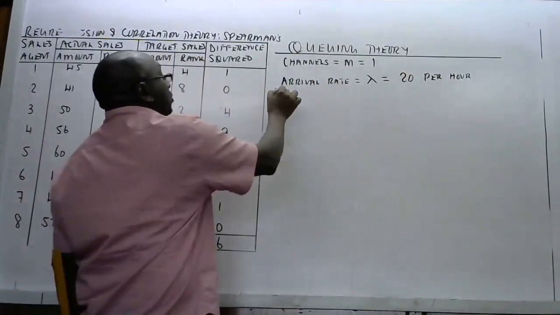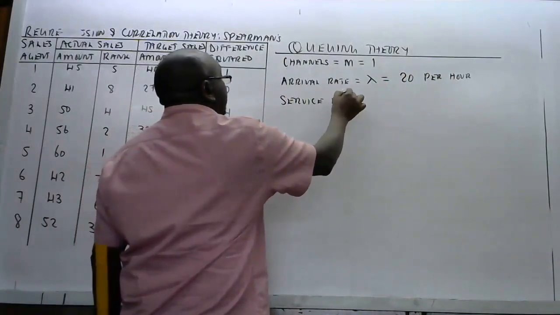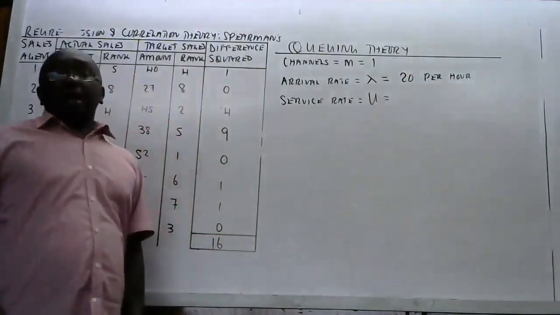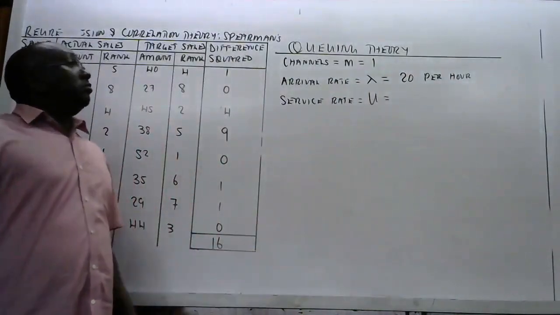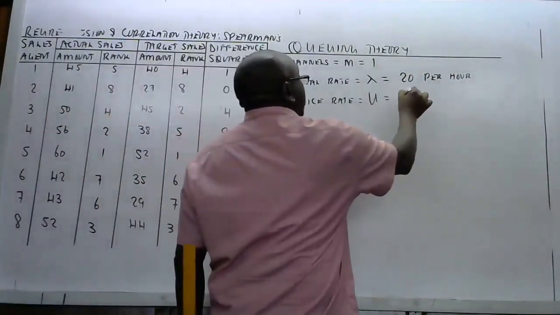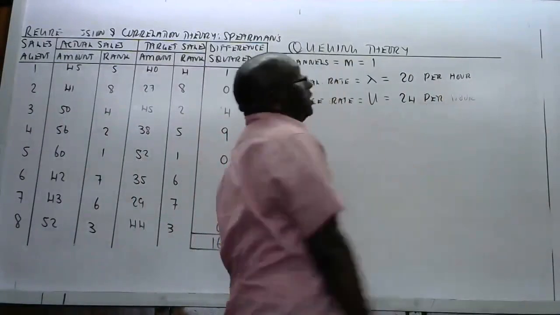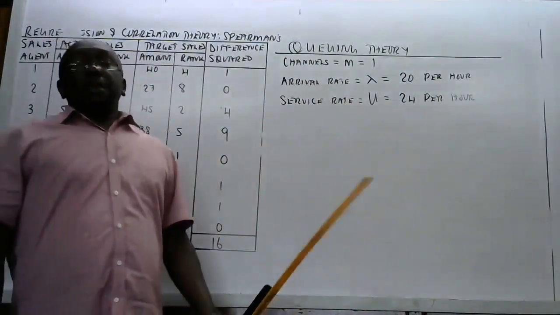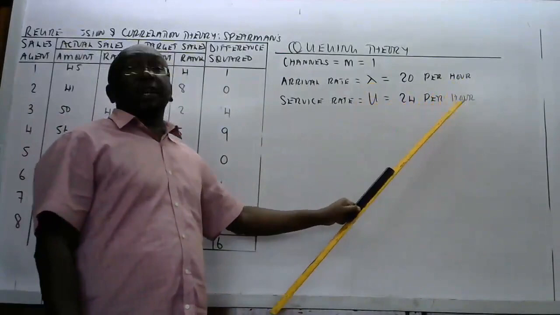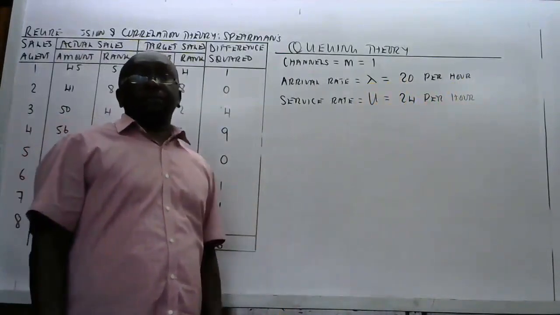And number 3, you must be able to identify what we call the service rate. Service rate is represented by mu. And this question is very clear that it is 24 per hour. And I told you that these 2 must always be expressed within the same time frame.